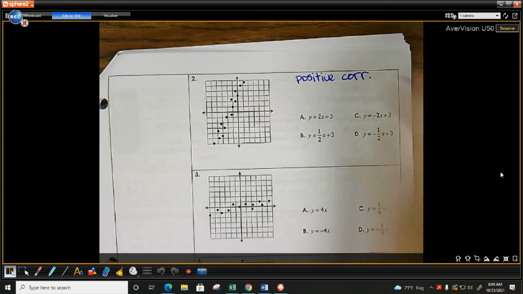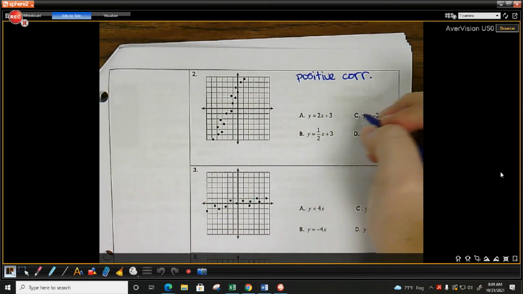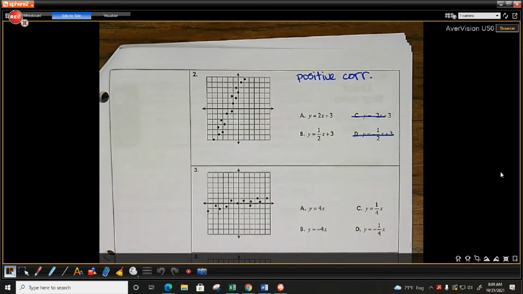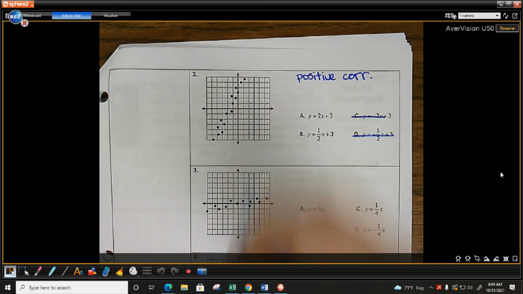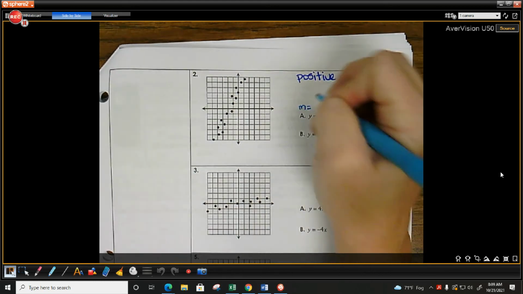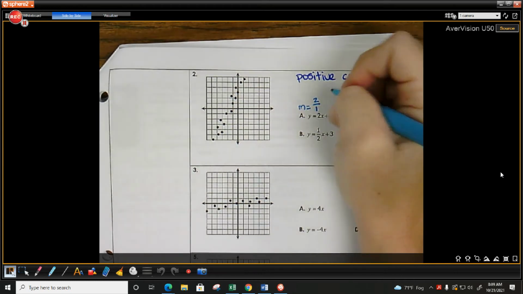Those have negative slopes. Don't graph those. Okay, what's my M? A. And I'm going to write it as 2/1. Remember, for graphing purposes, I want to have a rise value and a run value. What's my B? 3. So I'm going to begin at 3 and I'm going to go up 2, right 1.